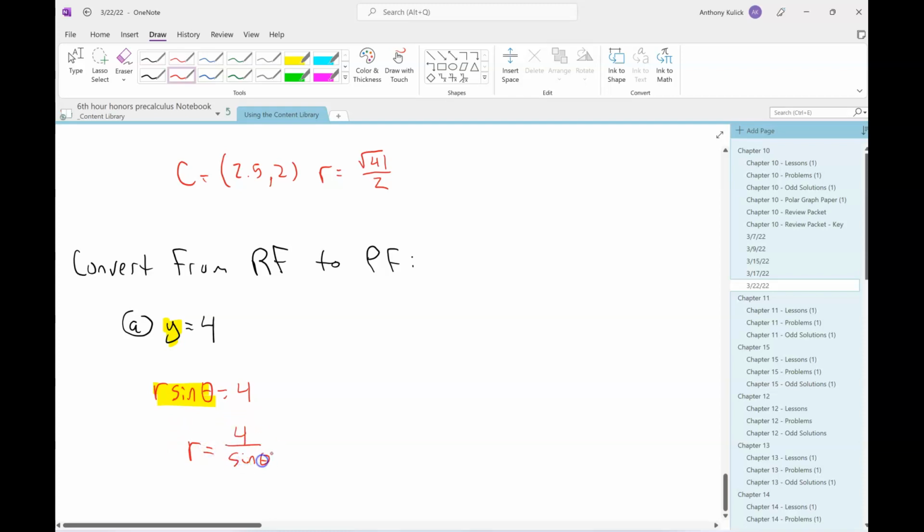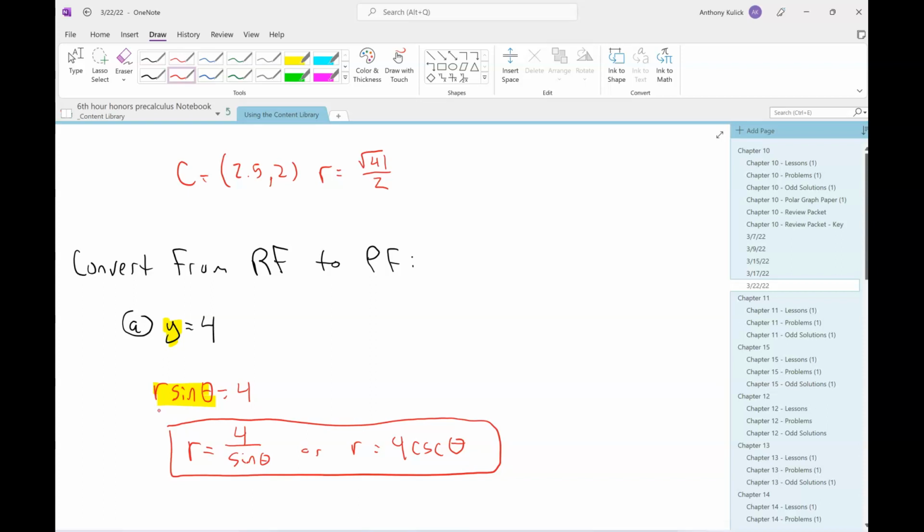So let's just divide the sine theta over. So you could write it as 4 over sine theta or 4 cosecant theta. Either is really fine. That's it. That was pretty easy, right?